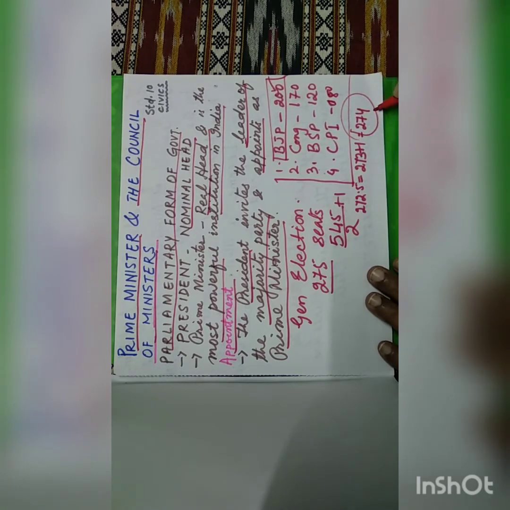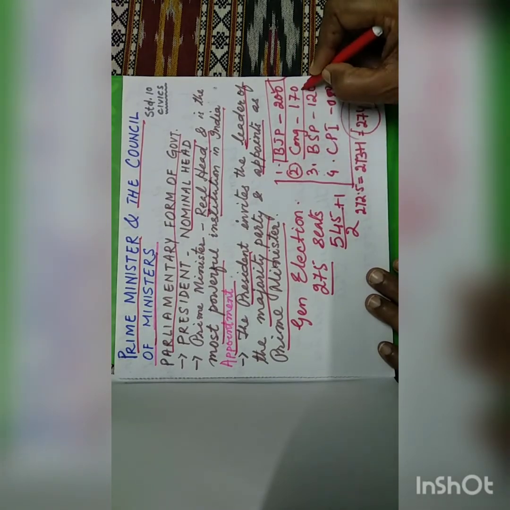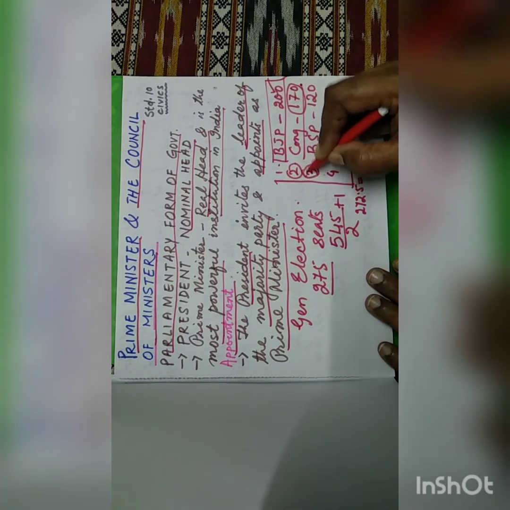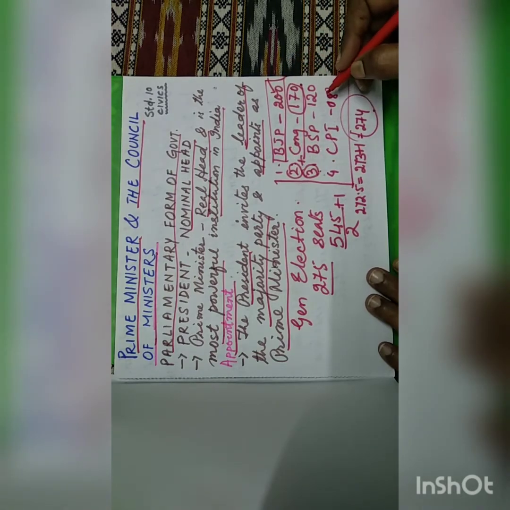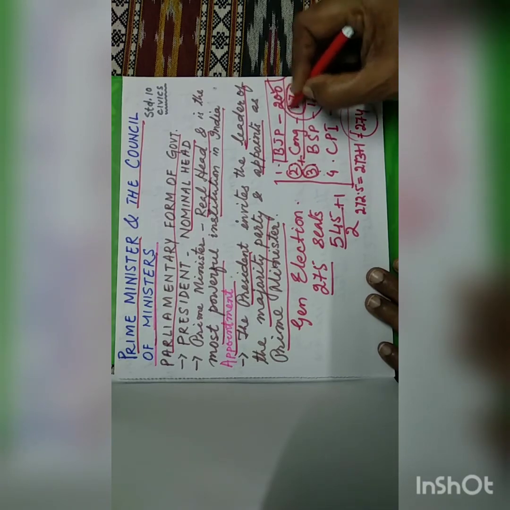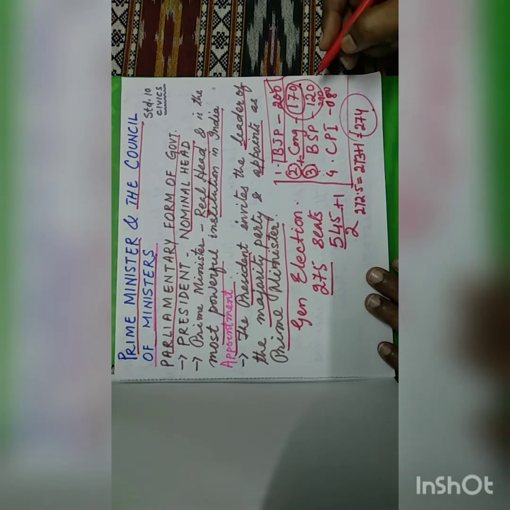In this case, the President may call number 2 party with 170 seats to form the government by joining hands with another party. Number 2 and number 3 party may join together, so it makes 290 seats. With 290 seats, they may form the government by making an alliance.